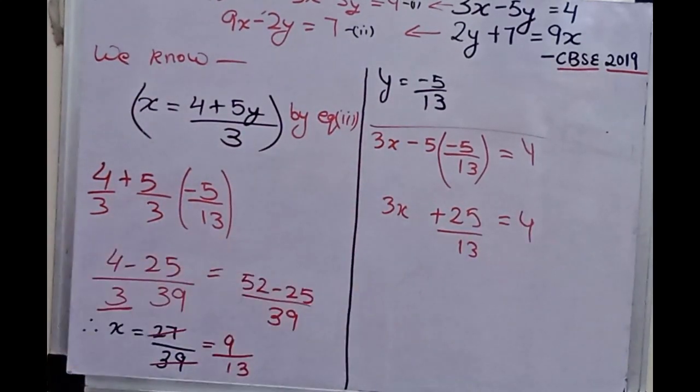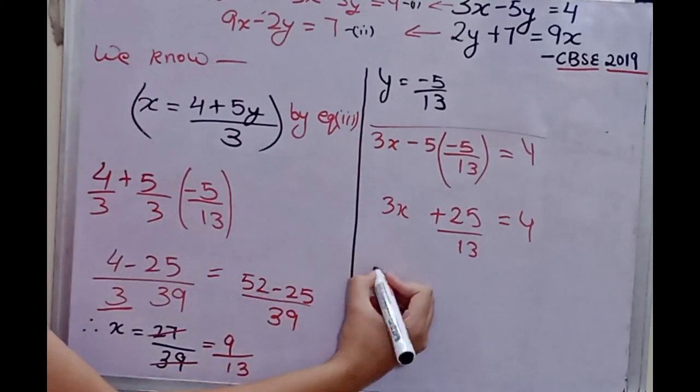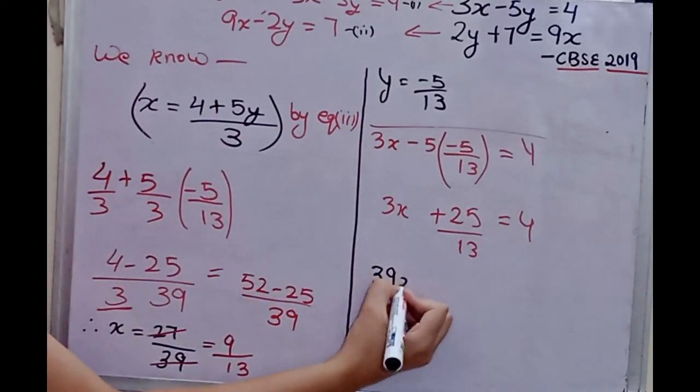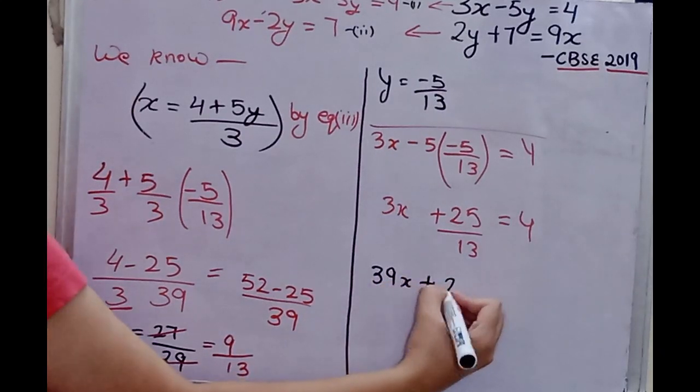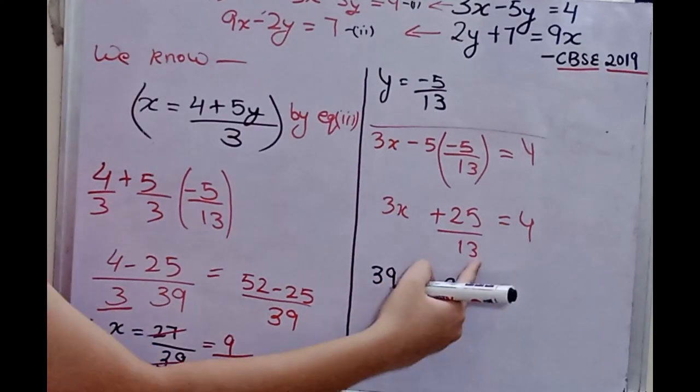Now this also has to be made 13, the denominator, now you remember. So 1 into 13, 13. So we have to multiply 3 also with 13, and it will give me like 39x plus 25 equals to, this 13 will now move.